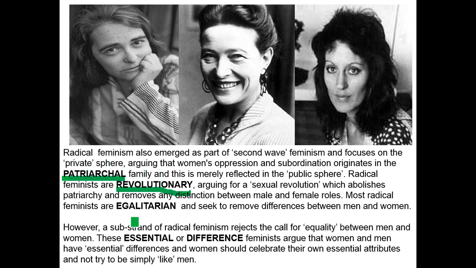The vast majority of radical feminists are egalitarian and seek to remove the differences between men and women. However, a substrand of radical feminism rejects the call for equality between men and women. These essential or difference feminists argue that women and men have essential differences, and women should celebrate their own essential attributes and not try to be simply like men.